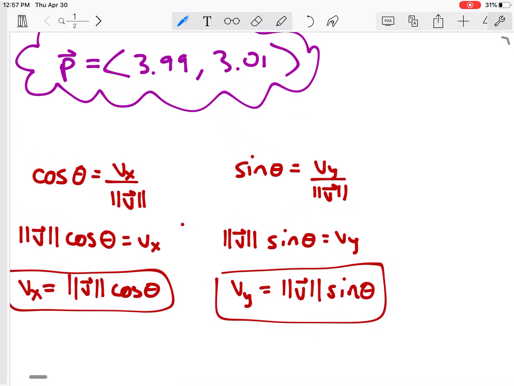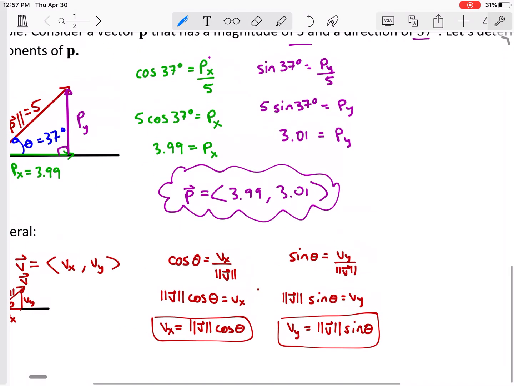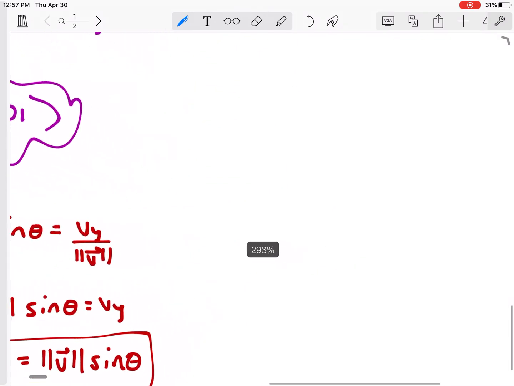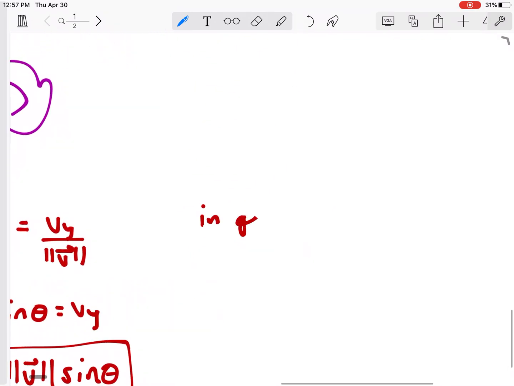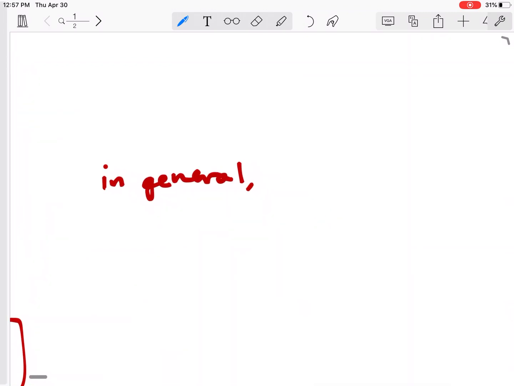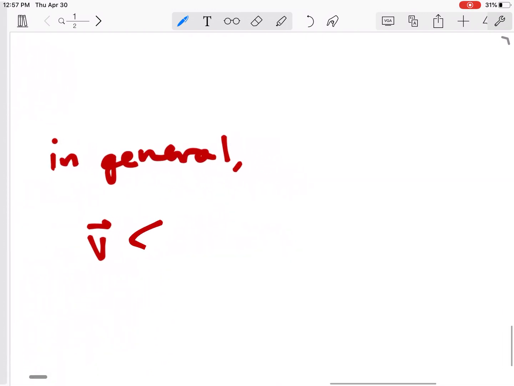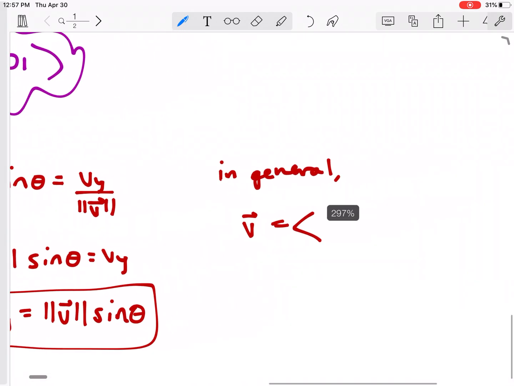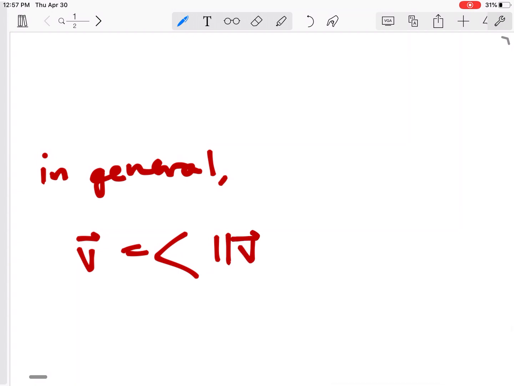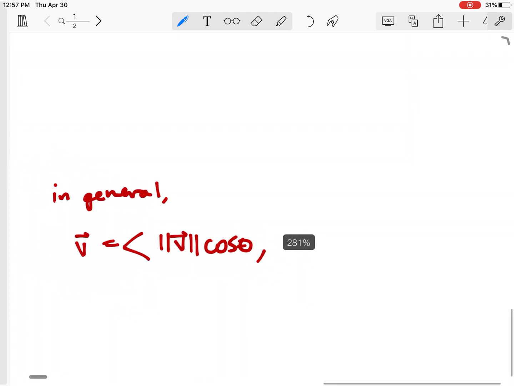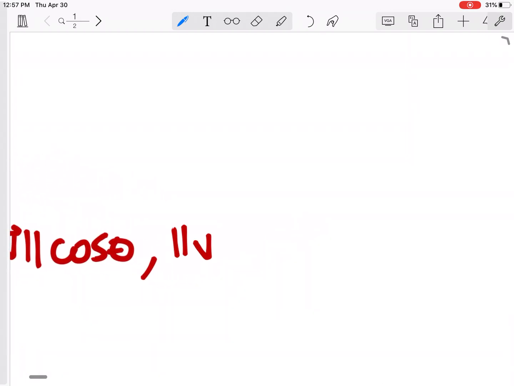Therefore, we have our two components. And we can conclude that in general, if you want to find component form when we're given magnitude and direction form, it will always be equal to the horizontal component, which was magnitude of v times cosine theta, and the vertical component, which was magnitude v times sine theta.